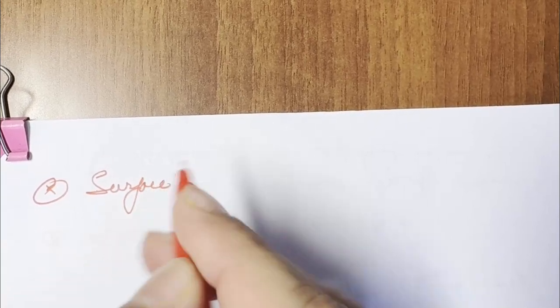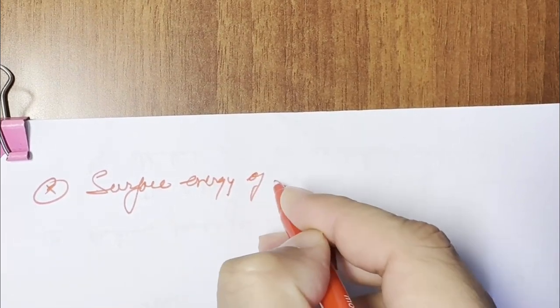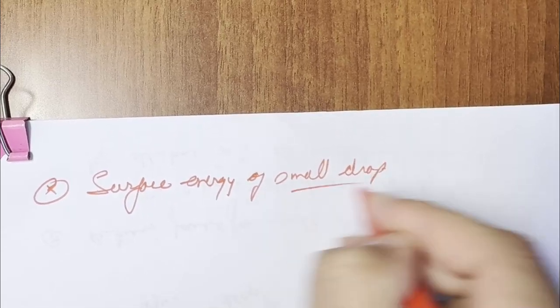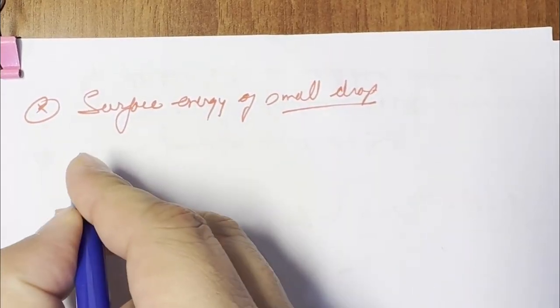Now we are going to find out the surface energy of the small drop. For surface energy, first of all, we need to know the surface area of the small drop.